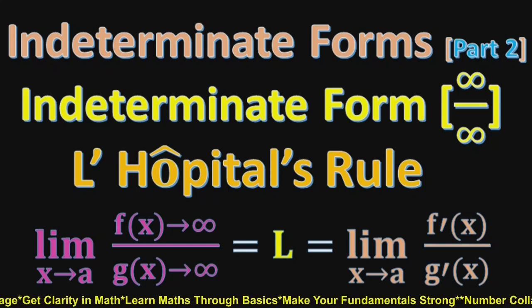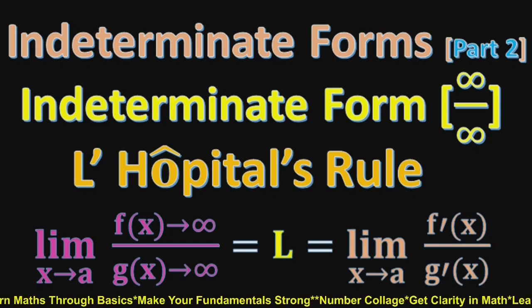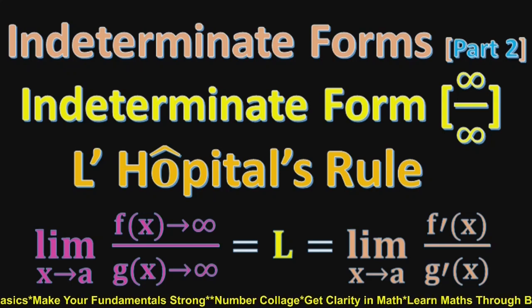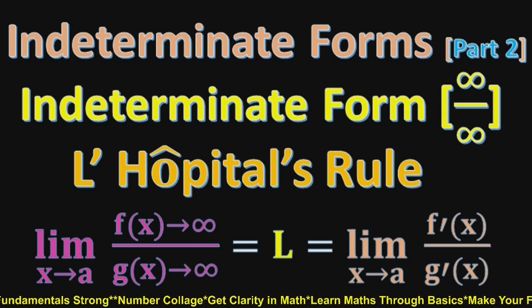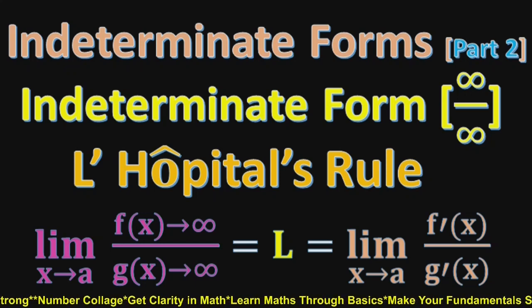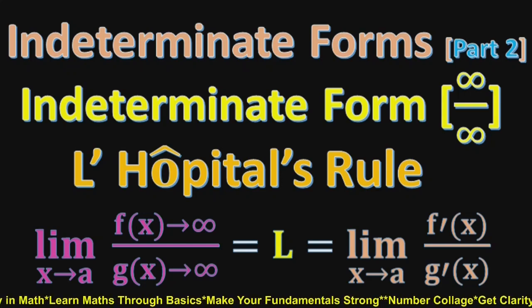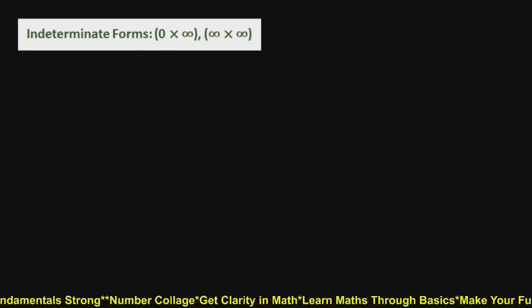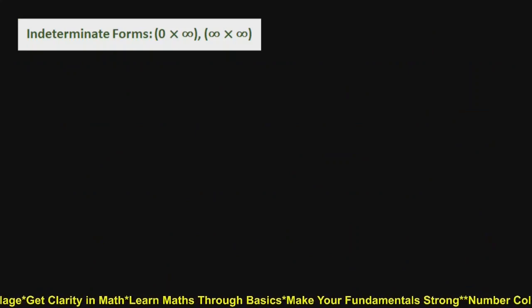So whichever indeterminate form we are working on, other than these two forms, we have to transform the remaining forms into either a 0 upon 0 form or infinity upon infinity form, so that we can directly apply L'Hopital's rule. So this is what we are going to study in this third part, indeterminate form 0 multiplied by infinity and infinity multiplied by infinity.